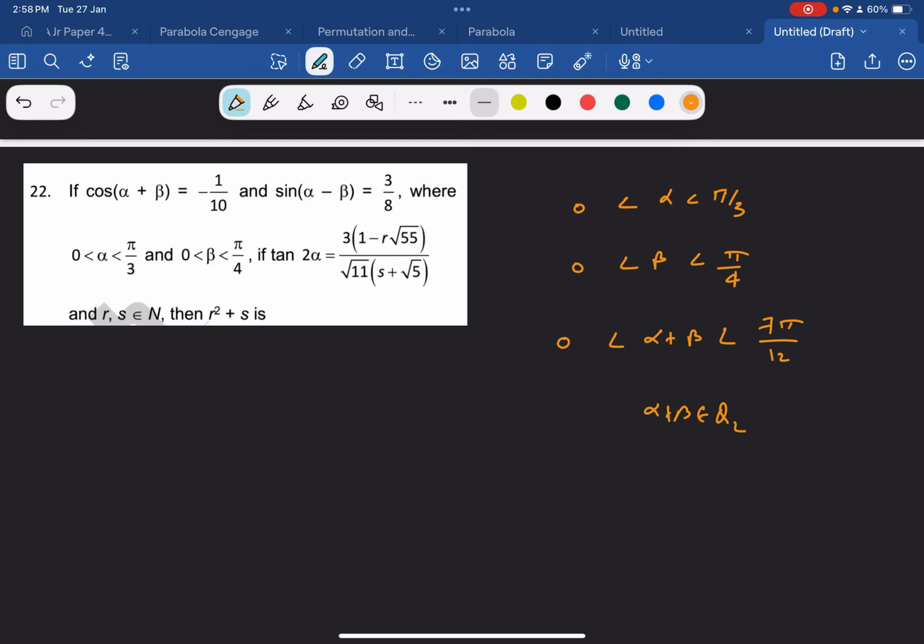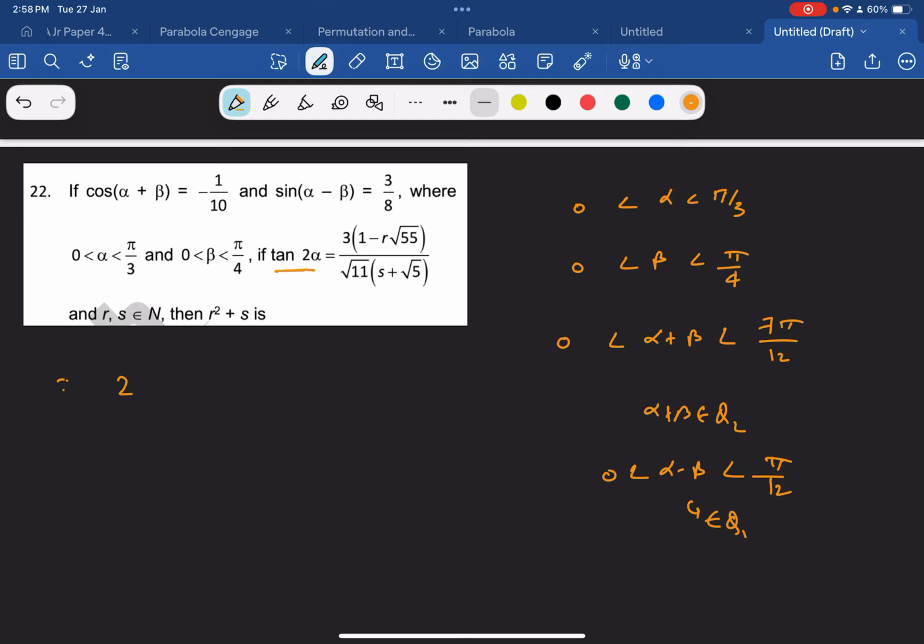So alpha plus beta is negative in cosine, so obviously alpha plus beta belongs to the second quadrant. And alpha minus beta, if you see, will be 4 pi minus 3 pi by 12, so pi by 12, which belongs to the first quadrant itself, correct?